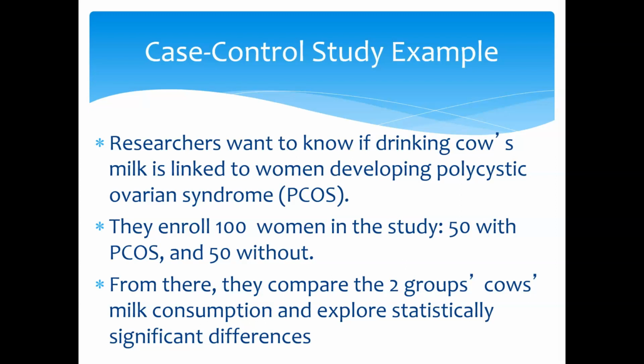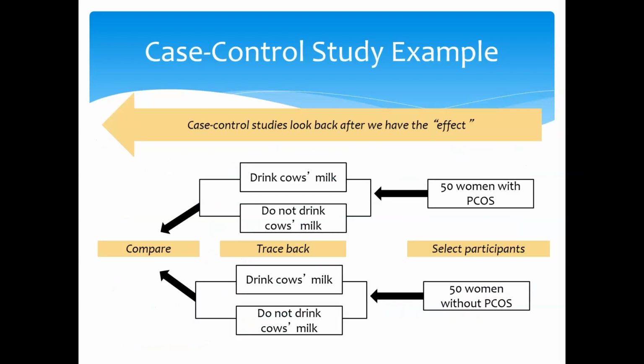So with this example, what does it look like graphically? So here we have the 50 women who have the disease, and we have selected 50 women who don't have the disease. And we find the women that have the disease, how many of them drank cow's milk, how many didn't drink cow's milk, and we do the same for the group that didn't have the disease. And then we compare.